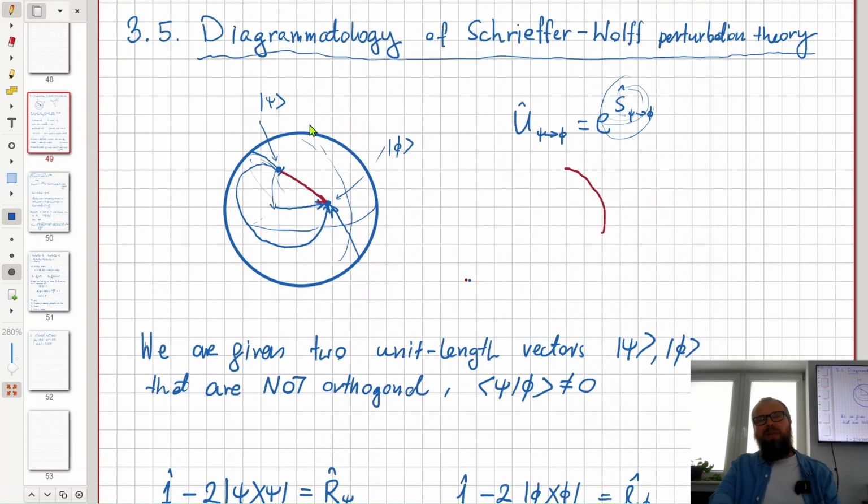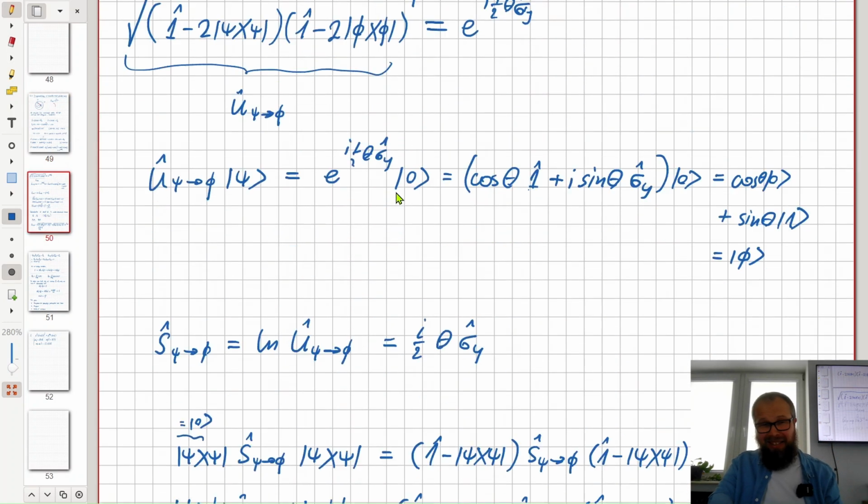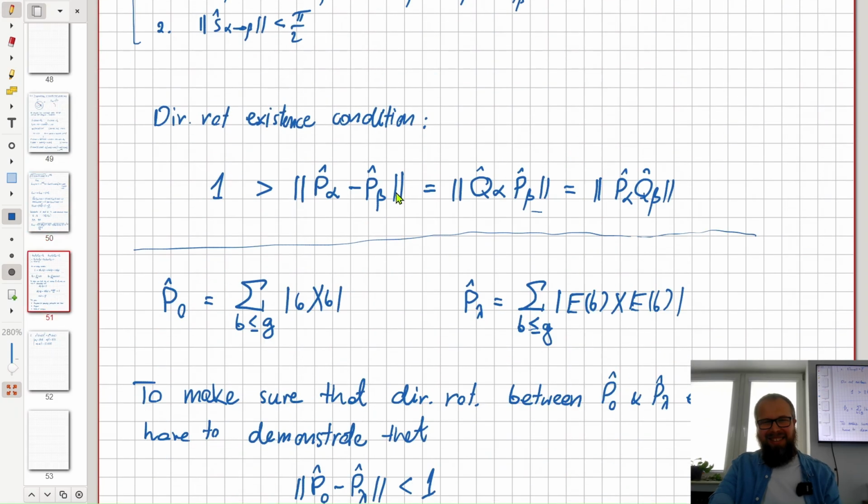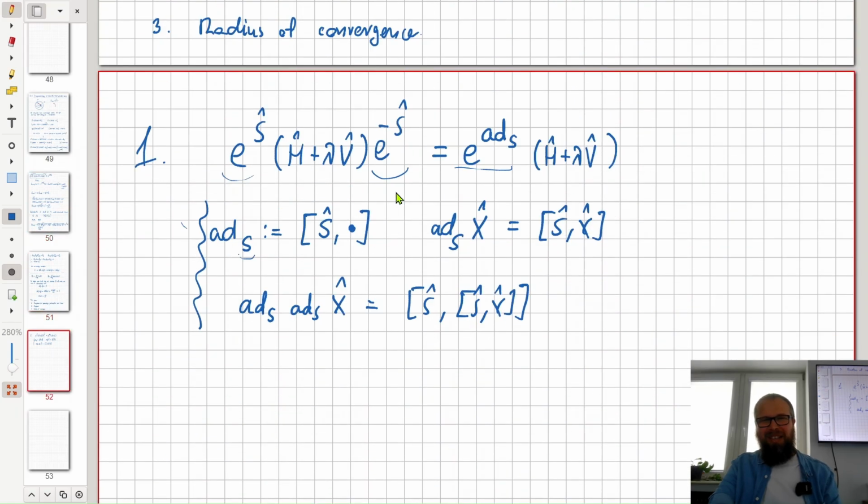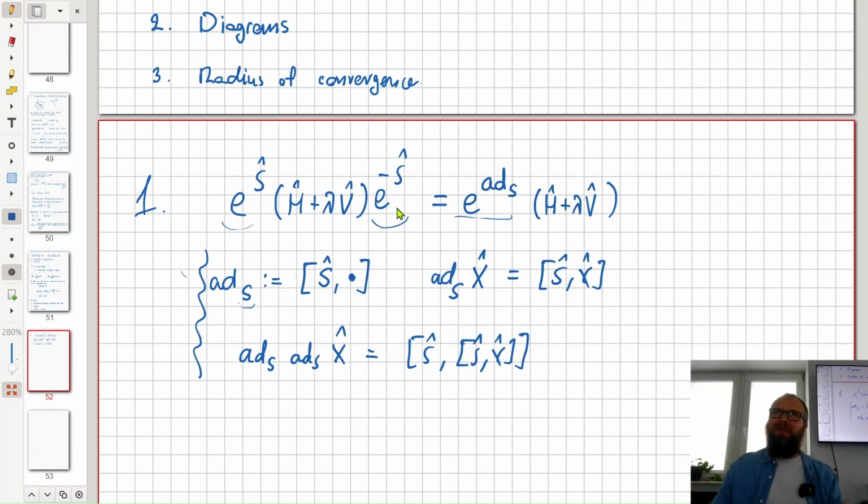I want to talk more about this group stuff next semester, because we will be talking about time-dependent Hamiltonians, so there will be room for that. We are dealing with Lie algebras here, but we don't have to know about it. We just have to know about tricks, adjoint basically.